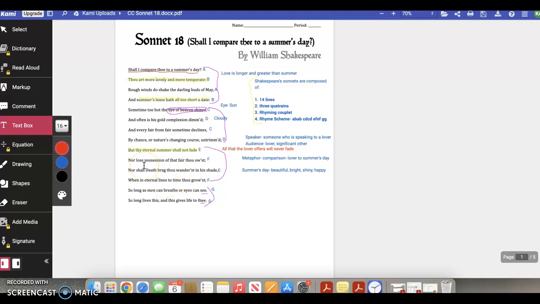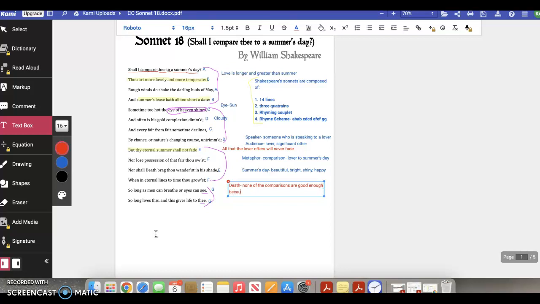So the other thing that comes up throughout this poem is this idea of death, because everything has an end. So when we're looking at death, he's saying that none of these comparisons are good enough, because they all end.